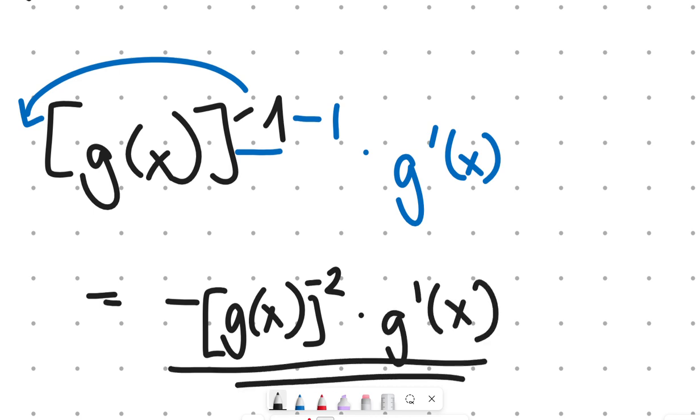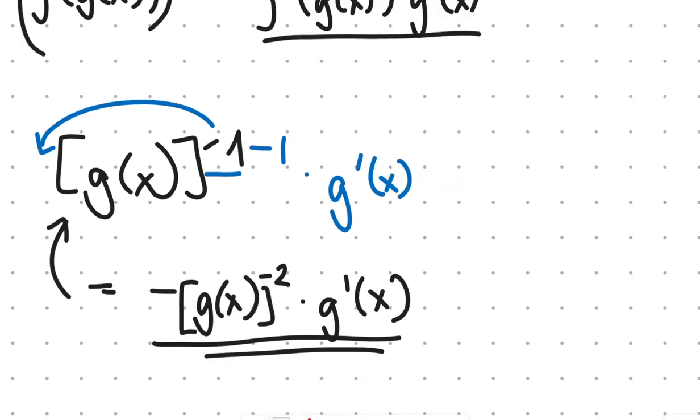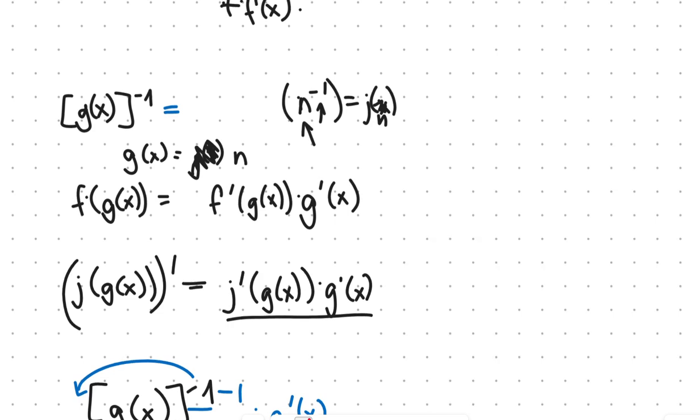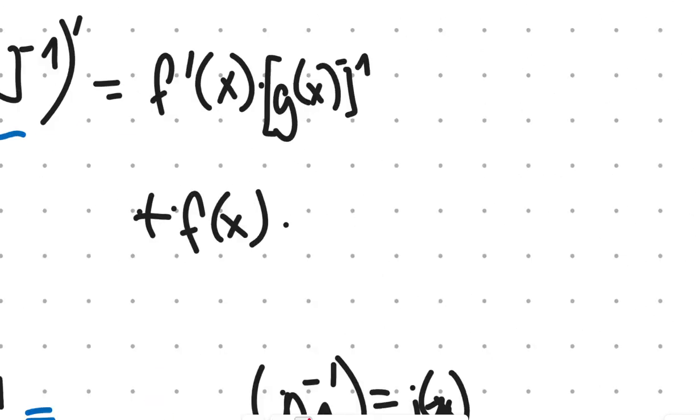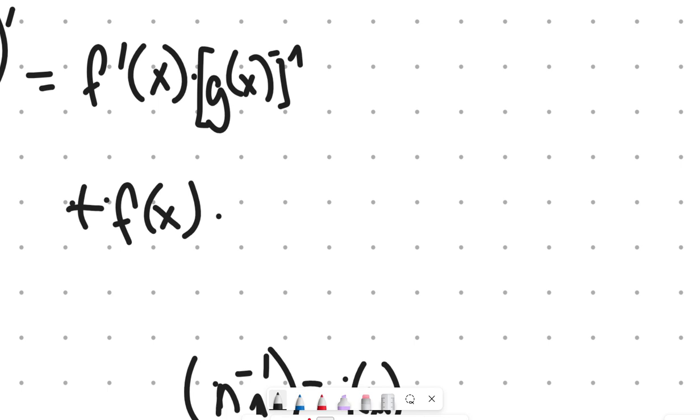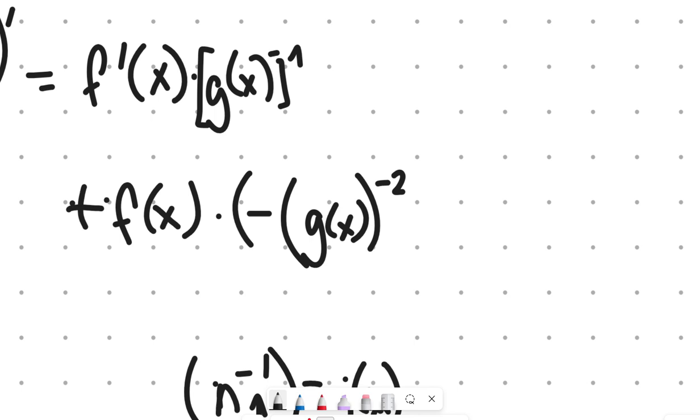This is the real answer for the derivative of this specific expression. So we're just going to plug it right in here: minus g of x to the negative 2 power times g prime of x.